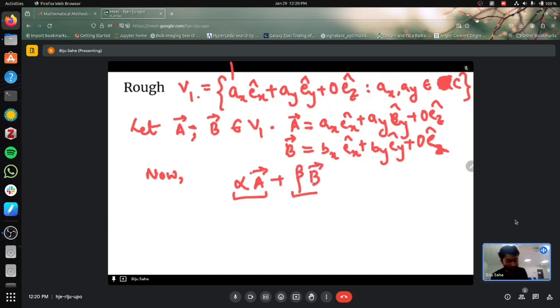So this also has to be in the same set as V1. If both of them belong to set V1, and if I add them and the resultant again belongs to V1, that means it is closed under addition also. So earlier, if the individual terms belong to V1, that would verify closure under multiplication, and if I add, that would verify closure under addition.